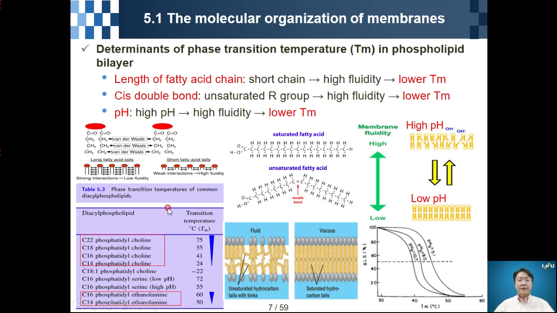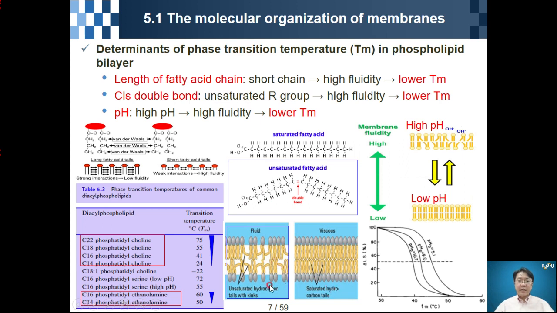How about the cis double bond? If there is a cis double bond, it will induce an unsaturated fatty acid like this. This is the unsaturated fatty acid, and this is the saturated fatty acid.